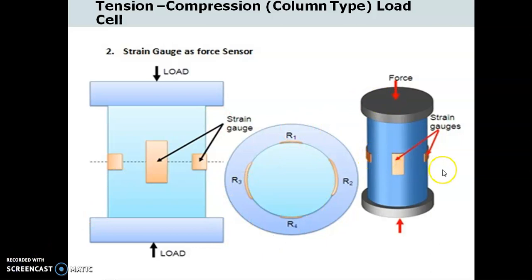The four strain gauges are bonded to the load bearing column, such that two strain gauges are in the axial direction and two are in the transverse direction. Look at this diagram. There are the four strain gauges. Two opposite strain gauges are connected vertically and the remaining two are connected in the horizontal direction.